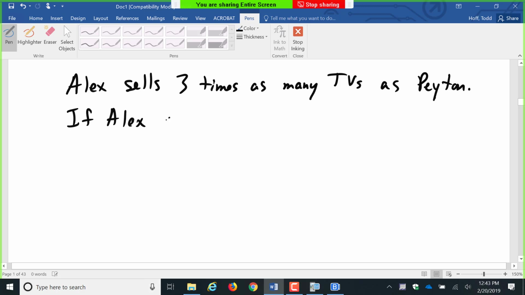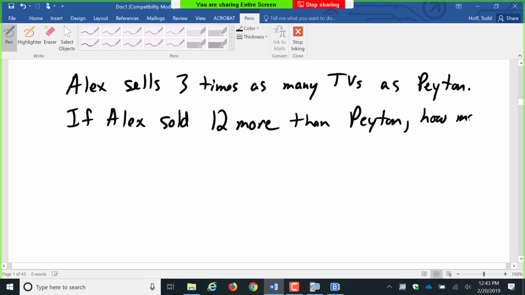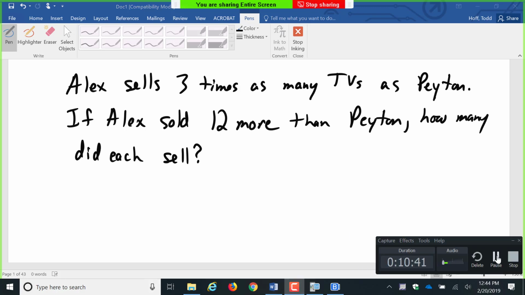If Alex sold 12 more than Peyton, how many did each sell? I'm going to give you a couple minutes in your notes to work that one out. See what you come up with.